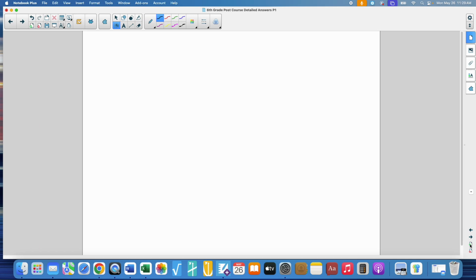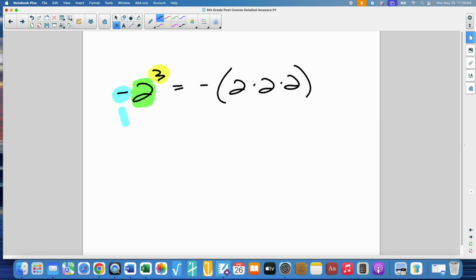If we ever see -2 to the 3rd, we need to understand that the exponent is 3, but the base is 2, and this negative is outside of it. This is the opposite of 2 to the 3rd. The way we would write the opposite of 2 to the 3rd would be that.